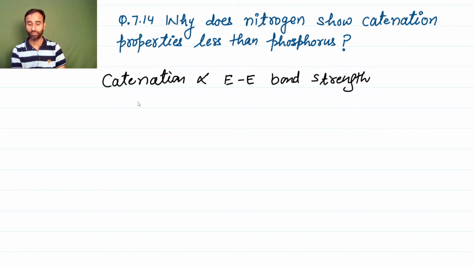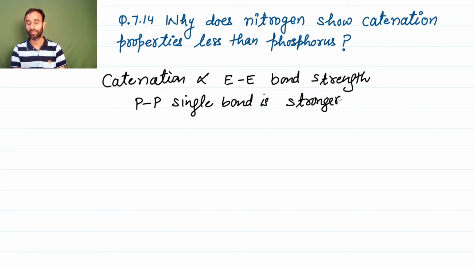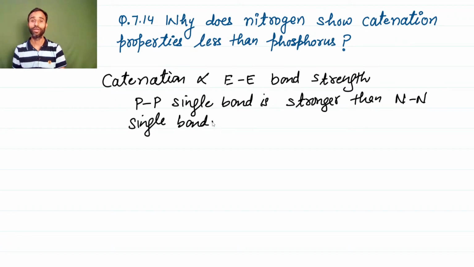And you know, phosphorus single bond is stronger than nitrogen single bond. Why?